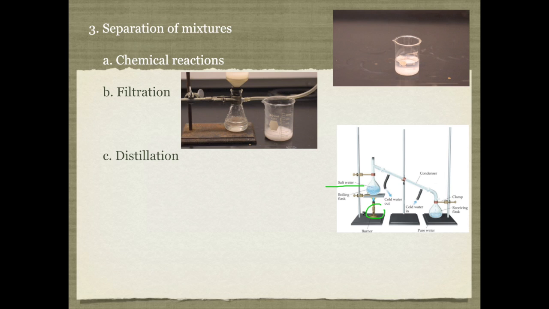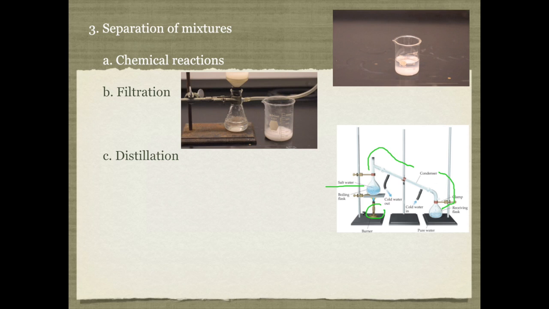And so then the liquid water would come up here as a gas phase, and then move down into the condenser. And the condenser basically has cold water, which would cool it, and then it would reform water, and then finally it would drip down into the flask here. All right, so we would collect it in the receiving flask. And so we would actually be able to separate effectively the water from the salt.